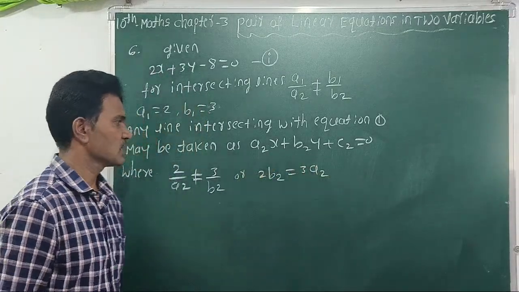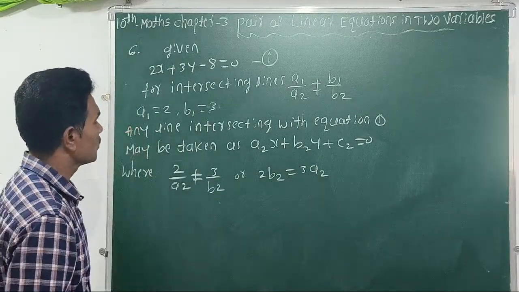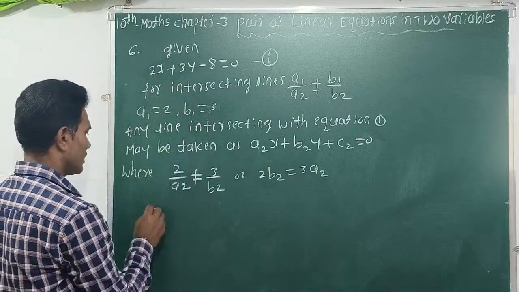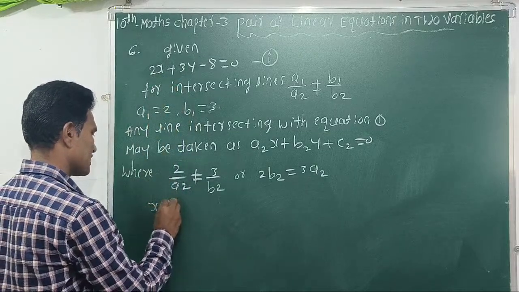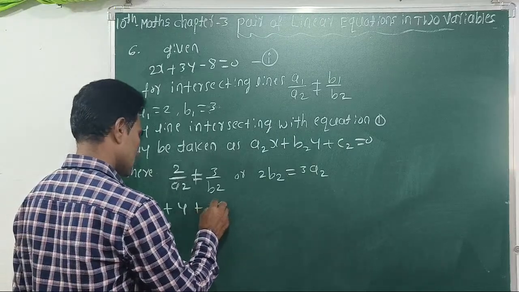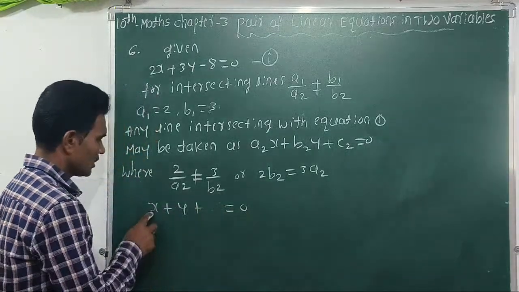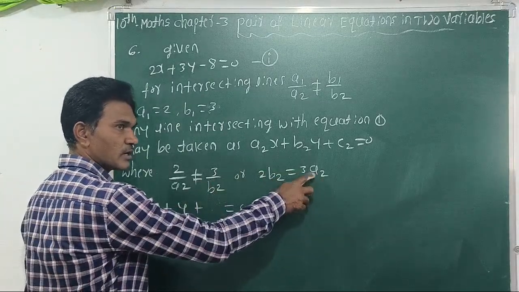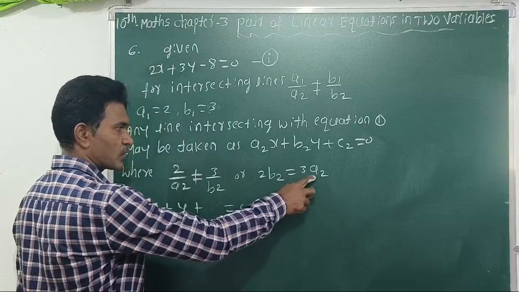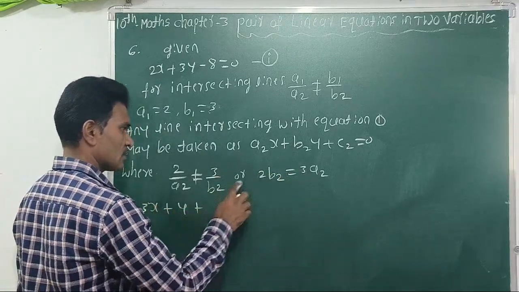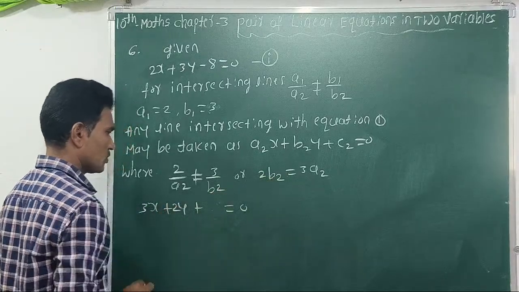2b2 equals 3a2. We can write the second equation as 3x plus 2y plus c is equal to 0. Here the x coefficient means a2 that is 3, y coefficient means b2 that is 2.